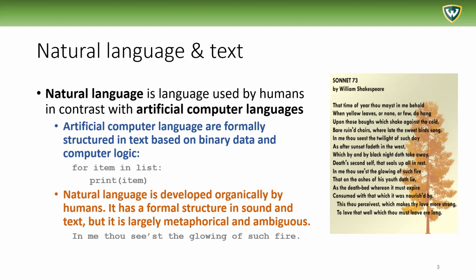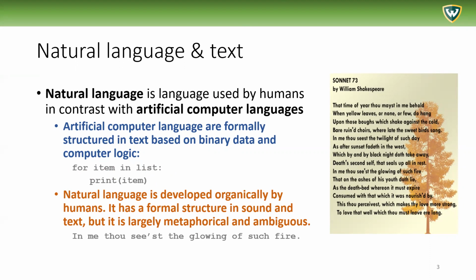So they are created to emulate precisely the logic of the computer, but facilitate computer operation via something that humans comprehend more easily. So a very common statement in artificial computer language is the following: for all items in list, print each item. And that just works well for the computer.